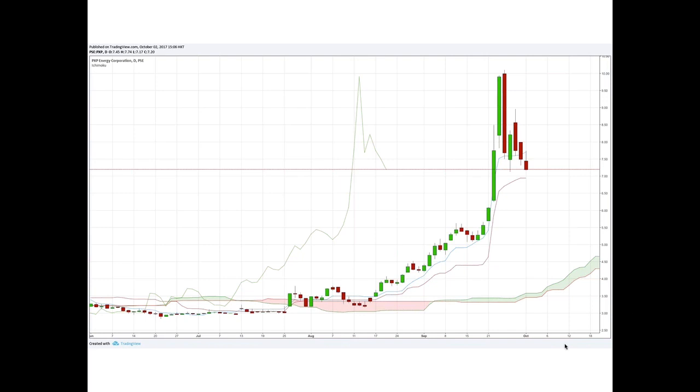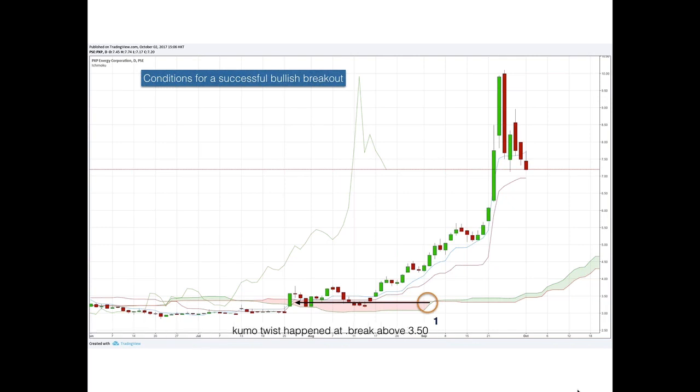Note that the order in which the signals occur is not important. In this chart of PXP, you find the Kumo twist right here. This happened when the Kumo broke above 350, and when the price broke above 350. So there's a Kumo twist, price breaking above 350, and then the Chikou Span breakout above the price.